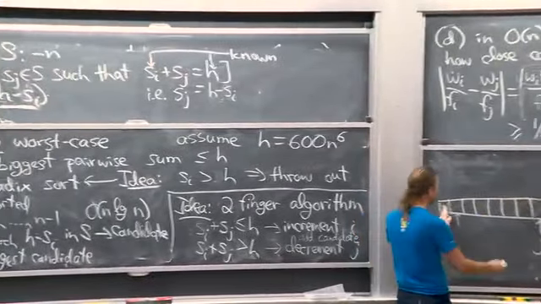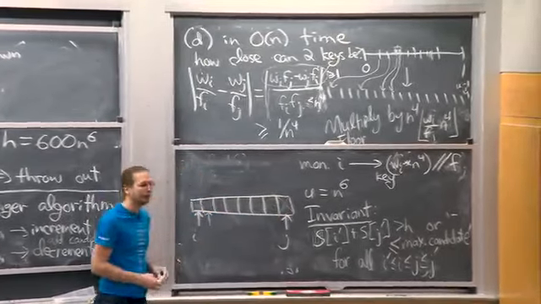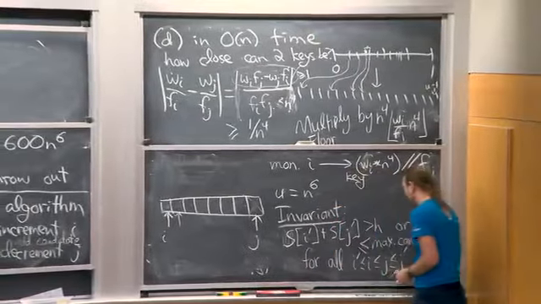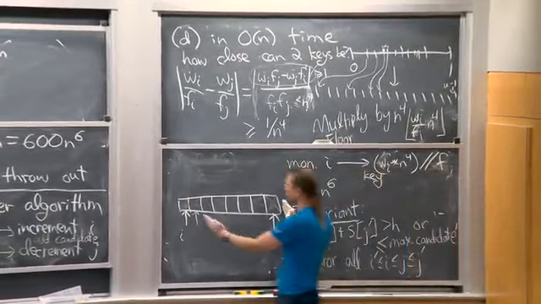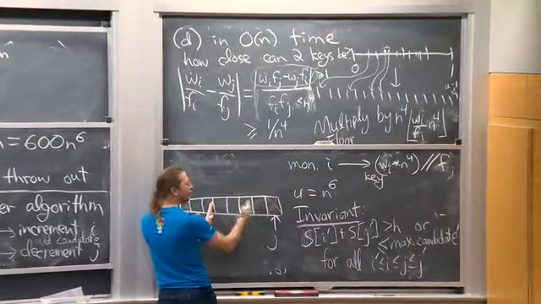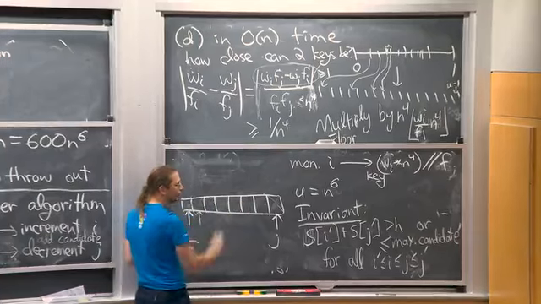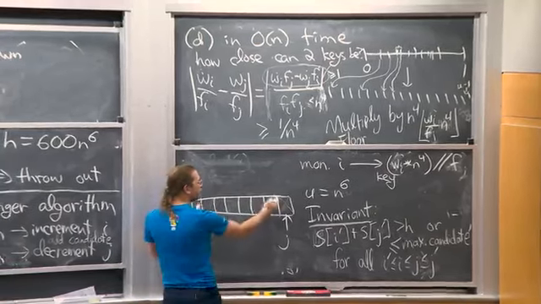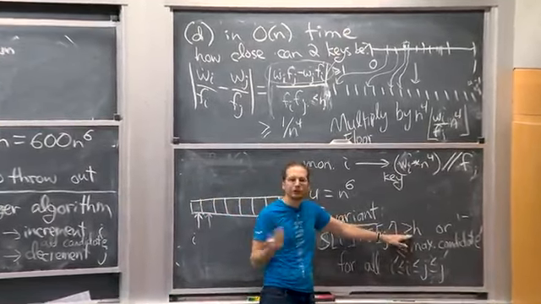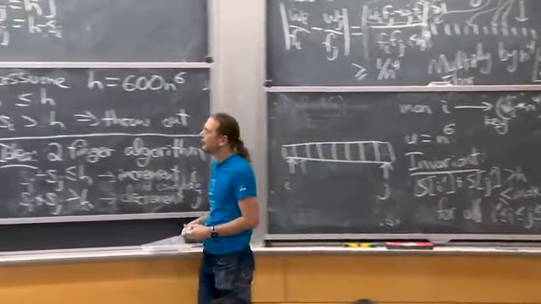Because when I really have the smallest item and the largest item, it's clear that I should advance one or the other, from too small or too big. But the way to prove it in general by induction is to show this invariant. At some point through this execution, i and j are somewhere, and I want to say that if I take any j prime to the right of j, and any i prime to the left of i, non-strictly, then all of those pairwise sums are either too big, and that's when we decrease j, or they're less than or equal to the largest candidate that we've seen so far.